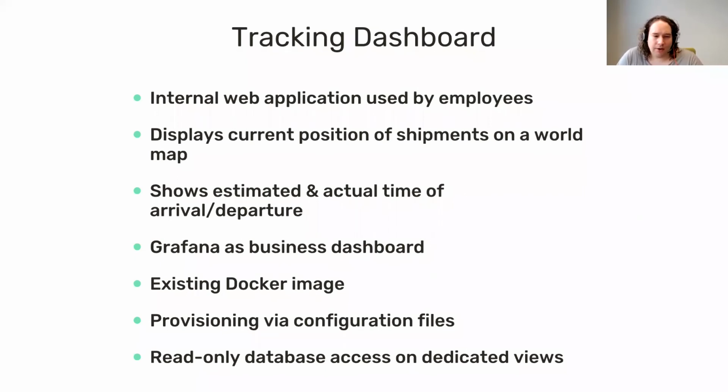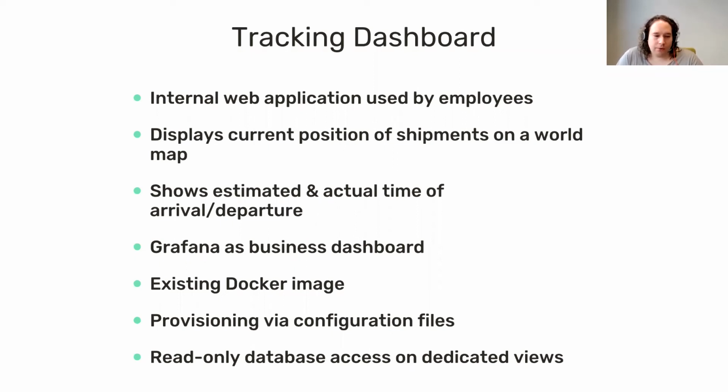I was thinking of some kind of table, maybe with a highlight on shipments that are delayed, for instance. They could be highlighted red. But yeah, I'm really confident that this standard software could fulfill the purpose of this tracking dashboard.